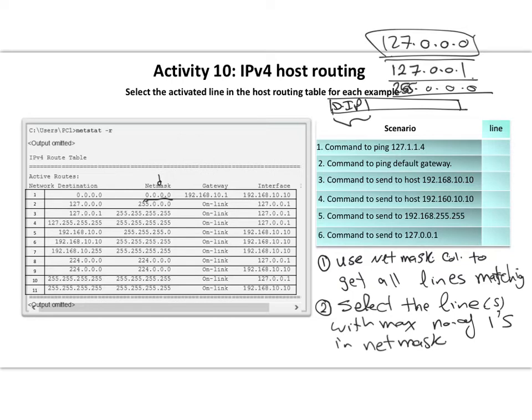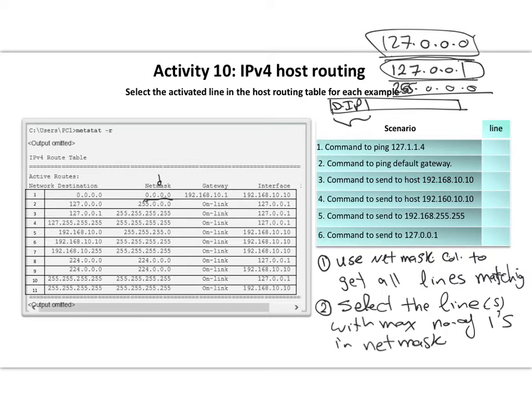For this particular destination address, if we try to match with line number 1, it matches because anything ANDed with 0 is 0. If we AND it with the second mask, the result will be 127. If we AND it with this one, which is 255.255.255.255, meaning all ones, the address will stay the same, 127.0.0.1, which also matches this one. Which means that line 1, line 2, and line 3, all of them match.